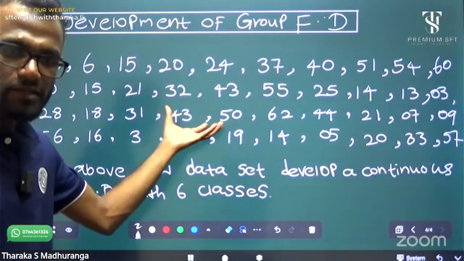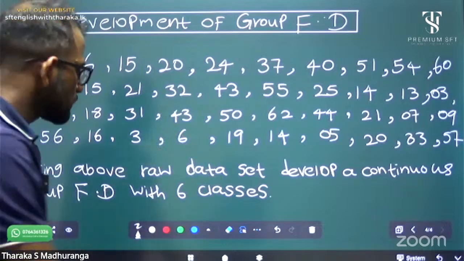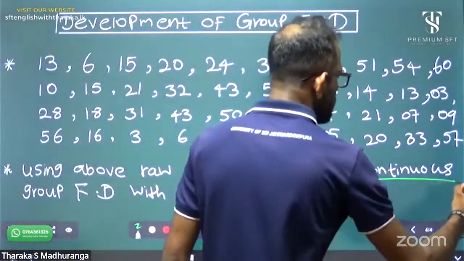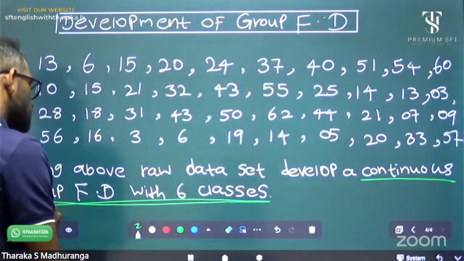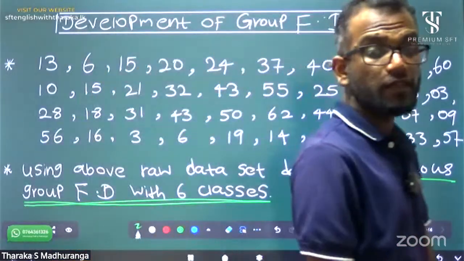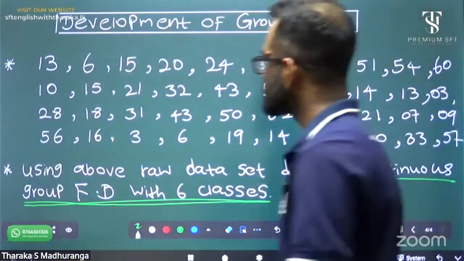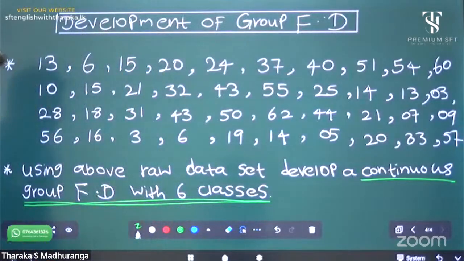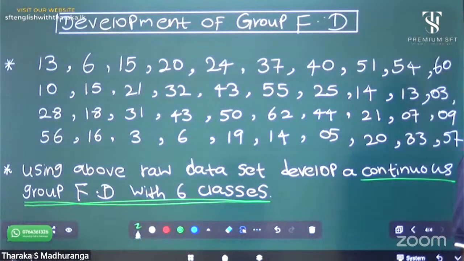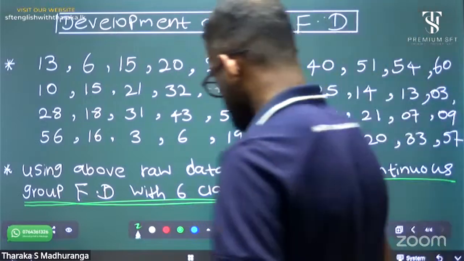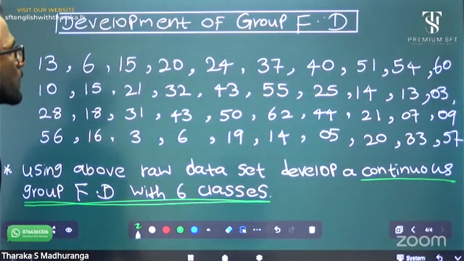I have a raw data set. I want to convert this raw data set into a continuous group frequency distribution with 6 classes. Highlight this. Number of classes 6.